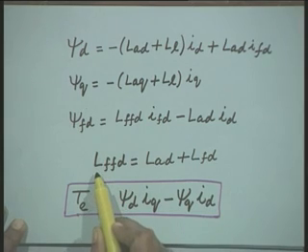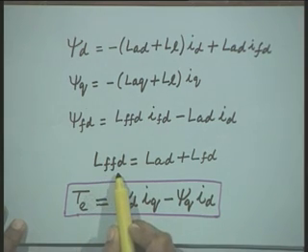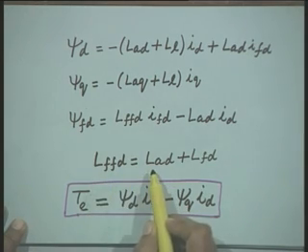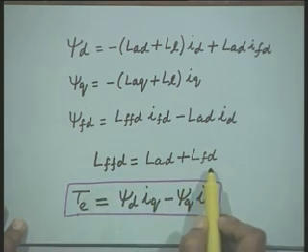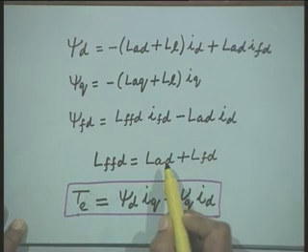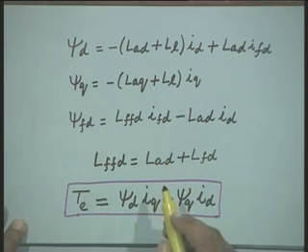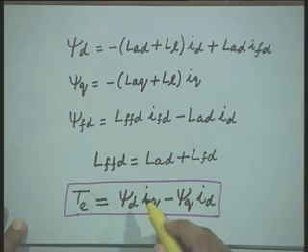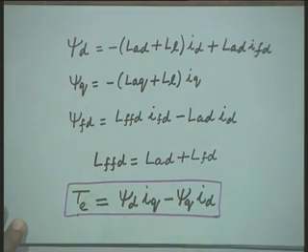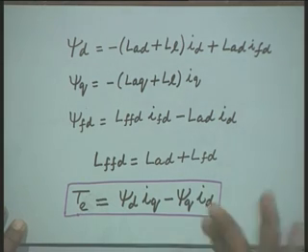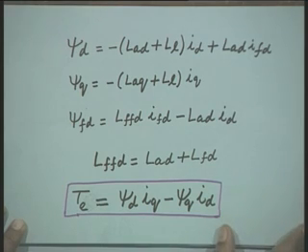Further, LFFD is the self inductance of the field winding. This will be expressed as LAD plus LFD. LAD is the mutual inductance, and in the reciprocal per unit system, these mutual inductances are the same for the direct axis stator winding and the field winding. We have made these equations the same.